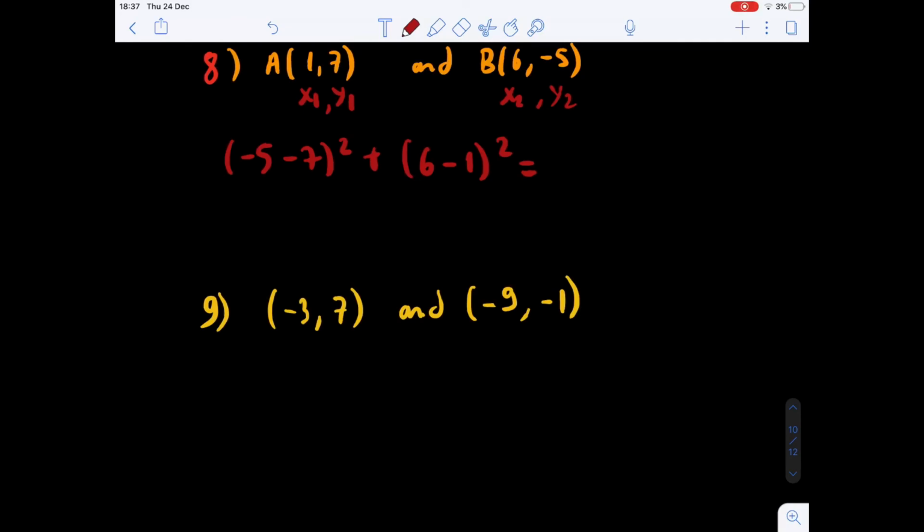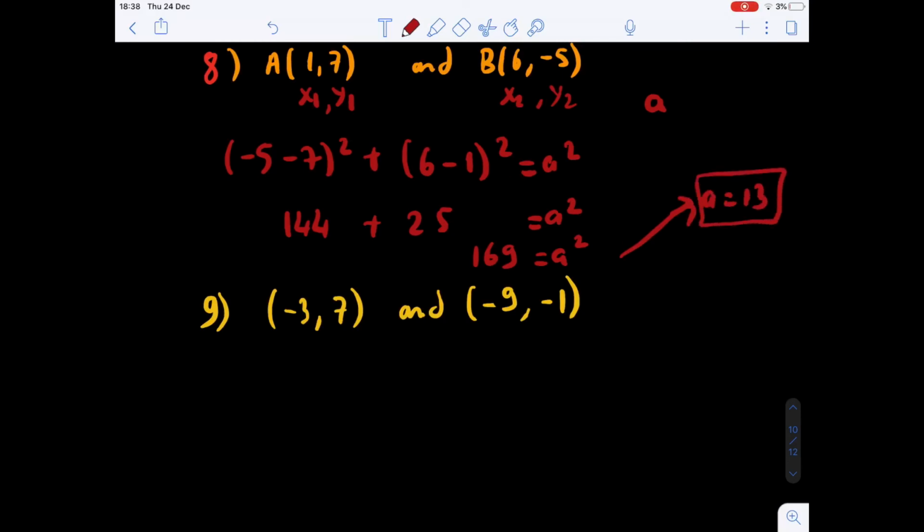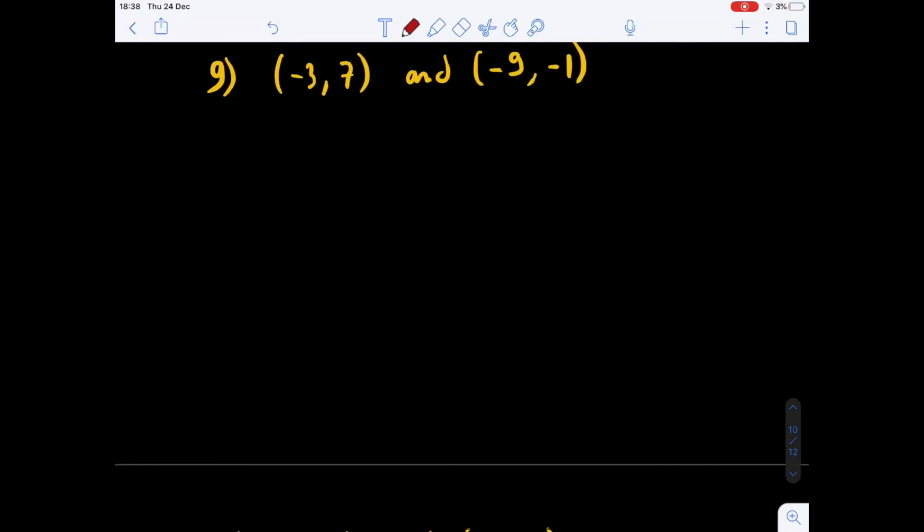And as I told you again, we use this a lot. So for the distance between point A and B, let's name A squared equals 144 again plus 25 again. So A squared is 169. So the distance is 13.